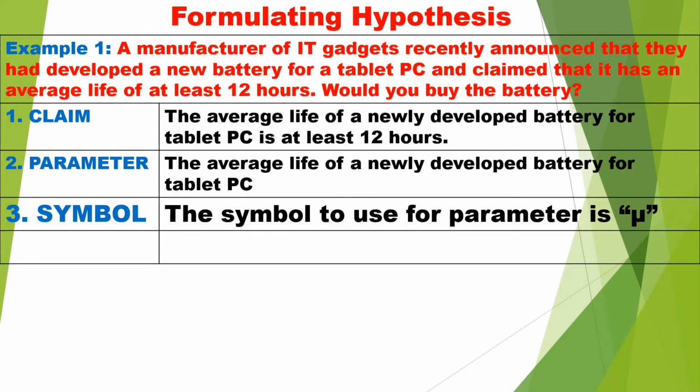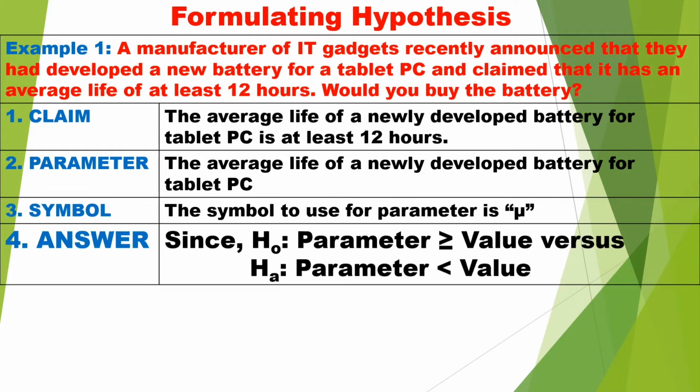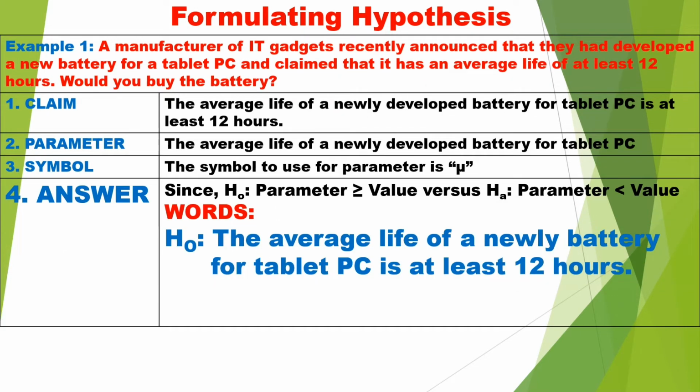Step 3, the symbol to use for the parameter is mu because the parameter represents a population. Step 4 is identifying the null and alternative hypothesis. Since the statement shows that H sub O, the parameter, is greater than or equal to the value versus H sub A, the parameter, is less than the value, in words, H sub O or the null hypothesis will be the average life of a new battery for tablet PC is at least 12 hours.